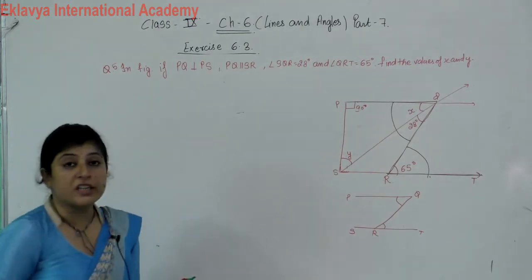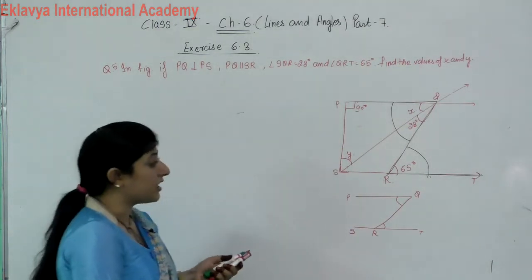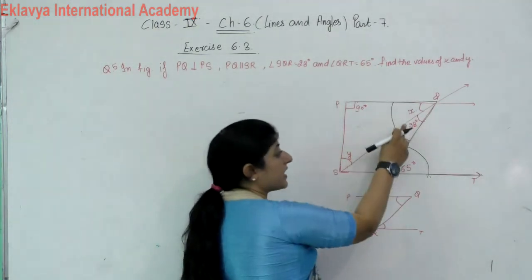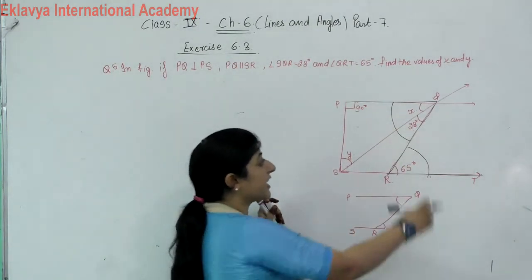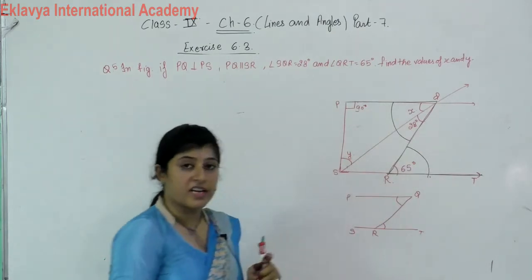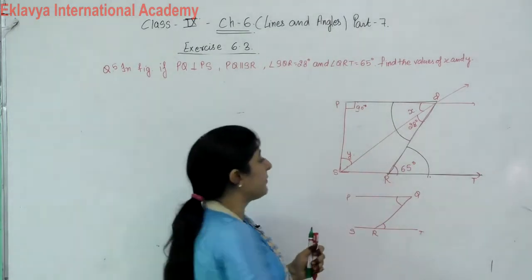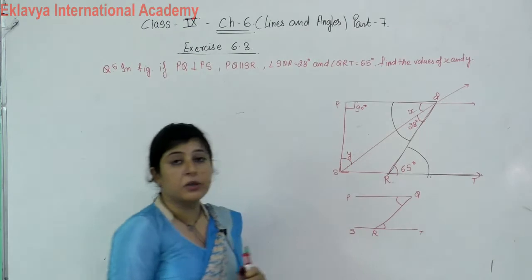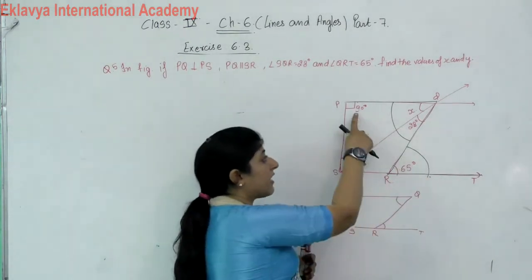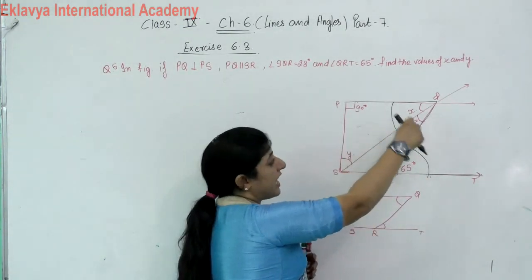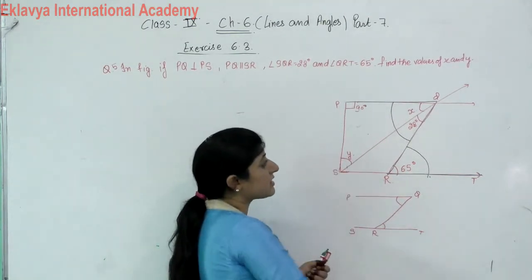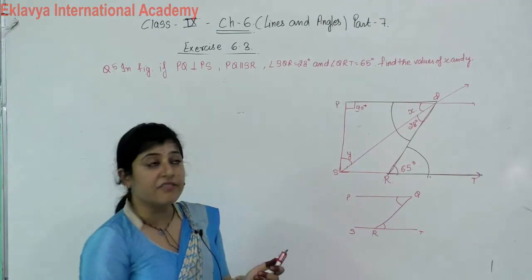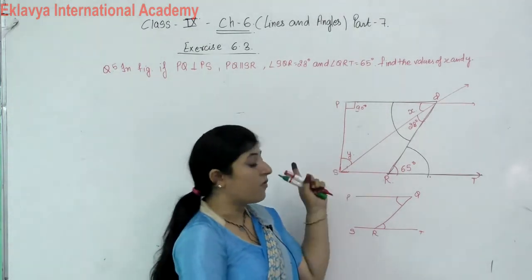Reason: alternate interior angle. So X plus 28 degree is equal to 65 degree. Then we can easily find the value of X. Next see, in triangle PQS, we have this one angle as 90 degree. The X value we already found. Then by the angle sum property of a triangle we can find the value of Y.